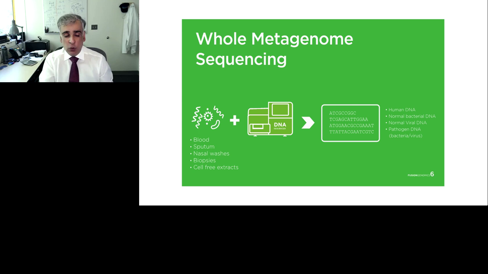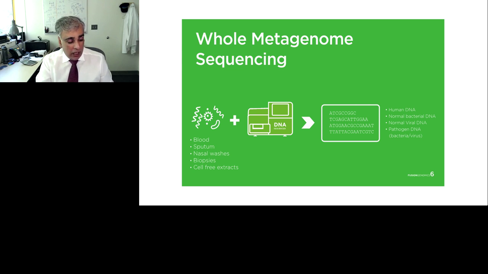Basically, you'll have a soup. You can take blood, sputum, nasal wash, biopsies. You can take environmental samples. Then you prepare all the DNA or RNA in it and put it onto a next generation sequencer. At the end of that, you will end up with your sequence material.